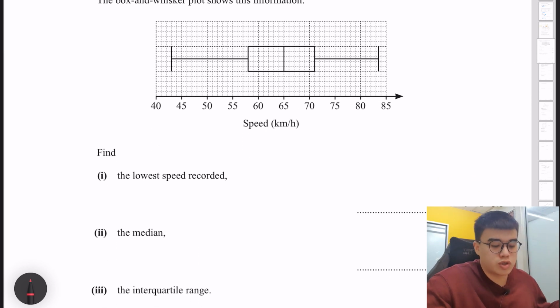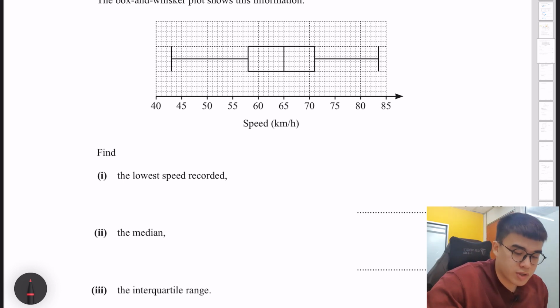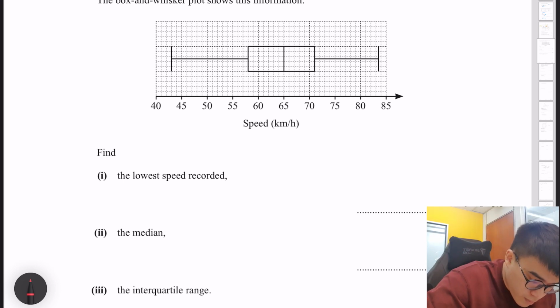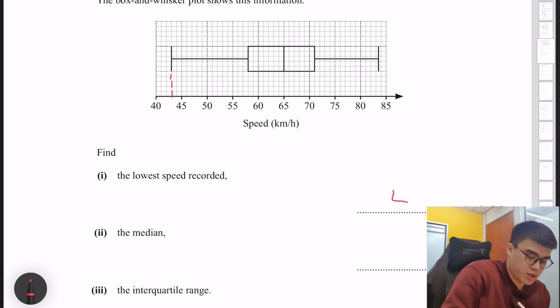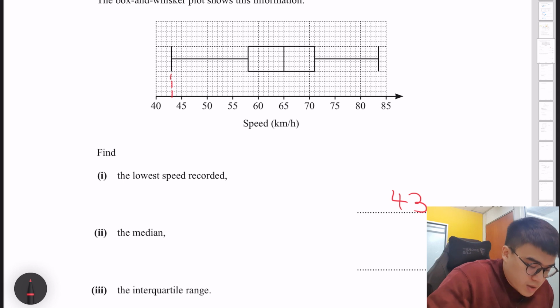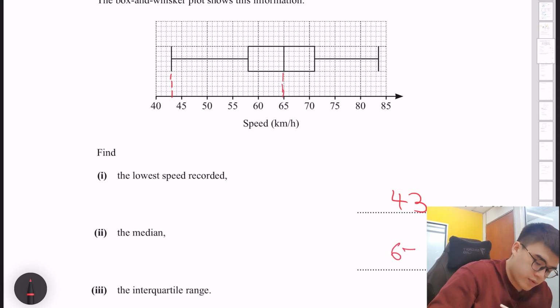Moving on to question 3, the lowest speed recorded was this one over here. So this is actually 43. The median is located over here. This is 65.